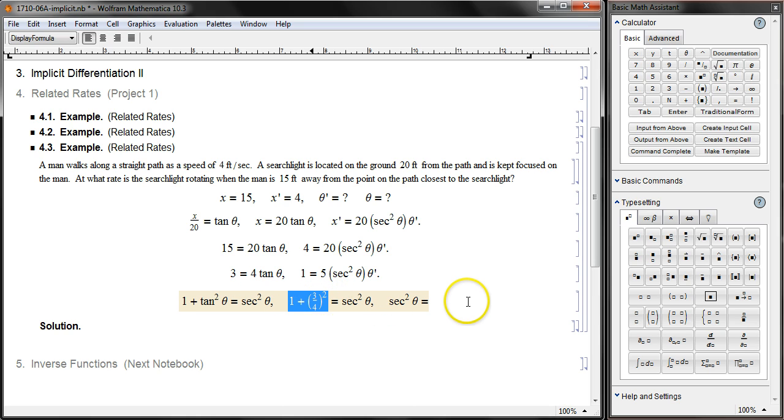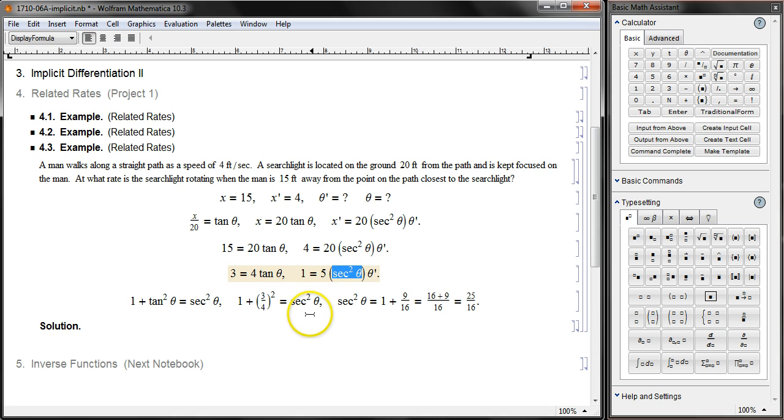Let's calculate this quantity. It's 1 plus 9 over 16, which is 16 plus 9 over 16 after taking a common denominator, so it's 25 over 16. Actually, this is a 3, 4, 5 triangle. Anyway, this is a quantity that'll go right over here.